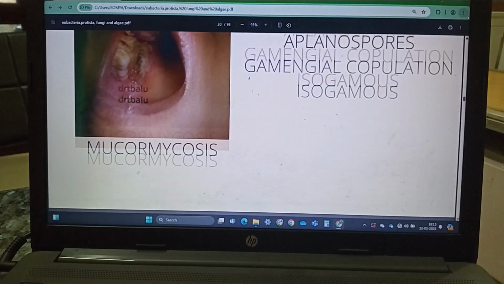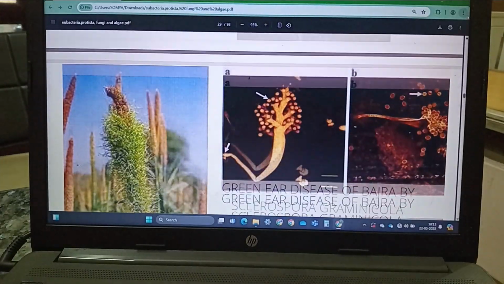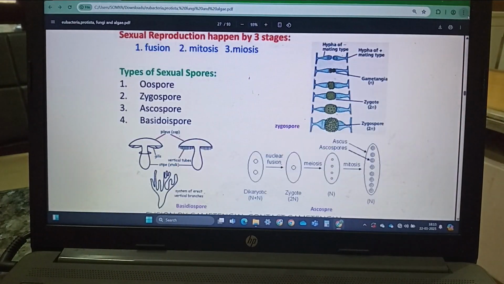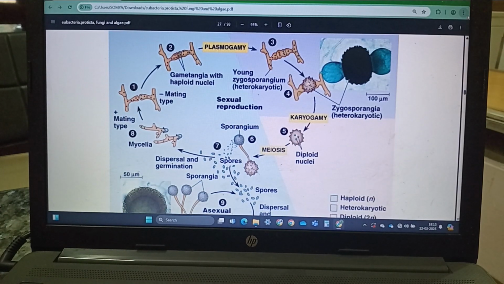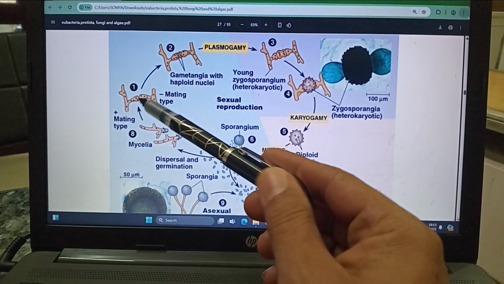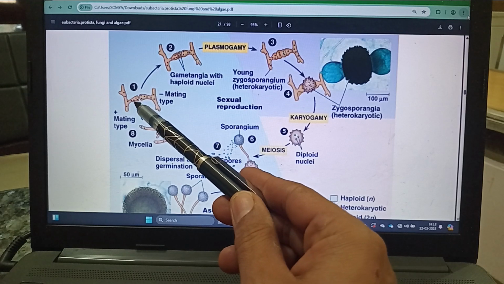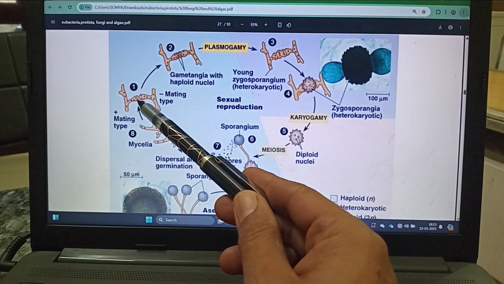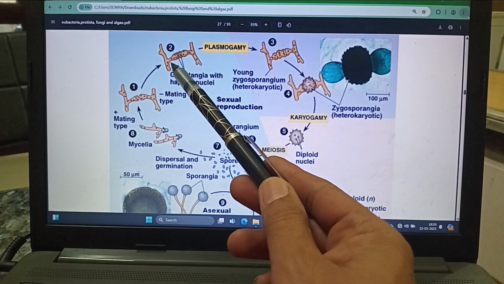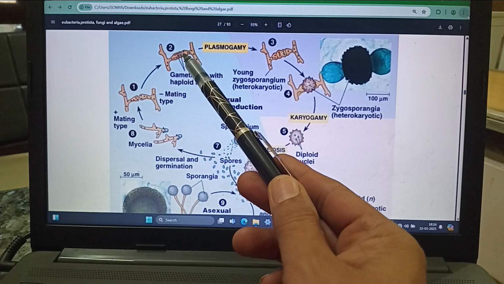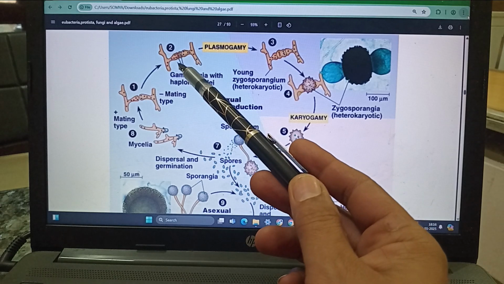I want to show you one of the structures here, made from the gametangia in which there are gametes, and there is fusion of the gametes by gametangial contact.